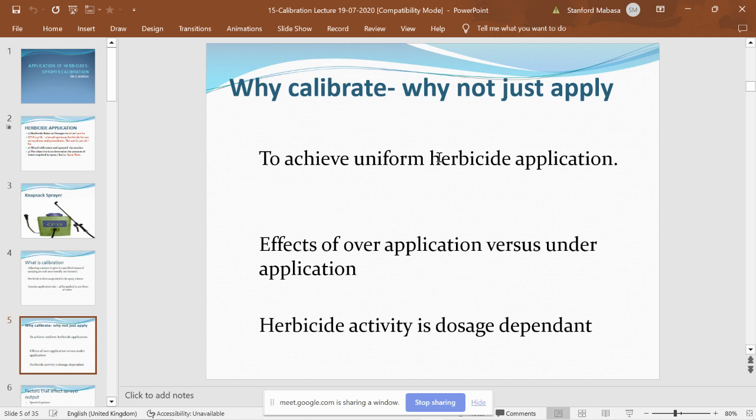Why calibrate? Why not just apply? To achieve uniform herbicide application requires that the sprayer has to be calibrated. Effects of over application versus under application.